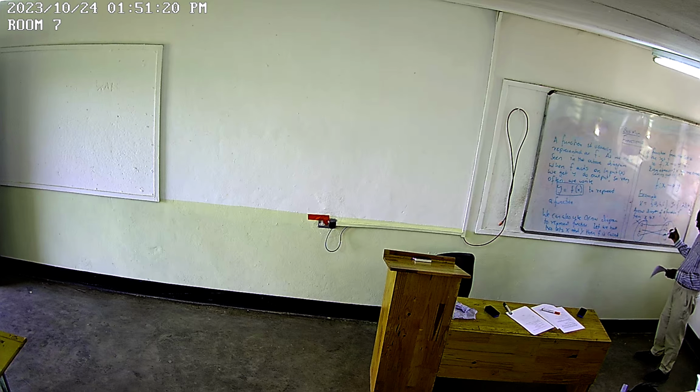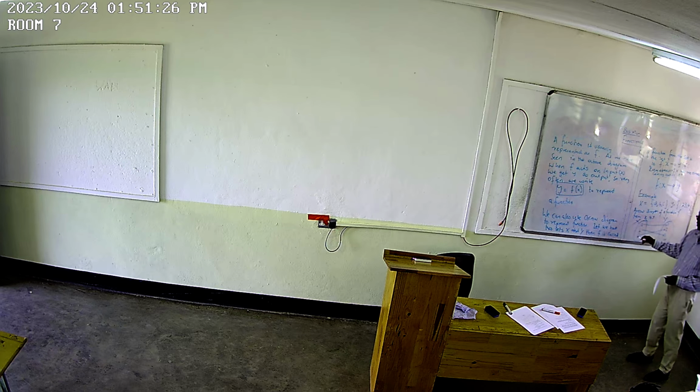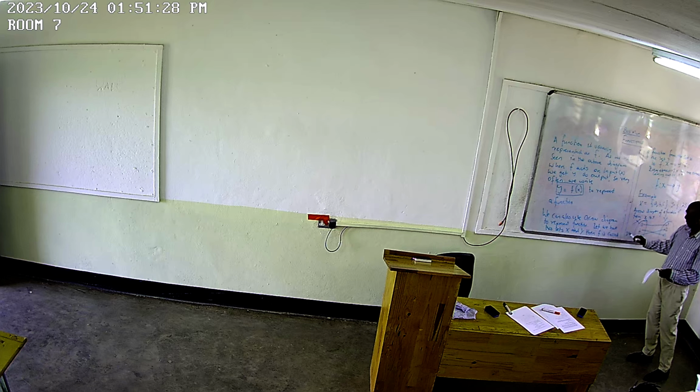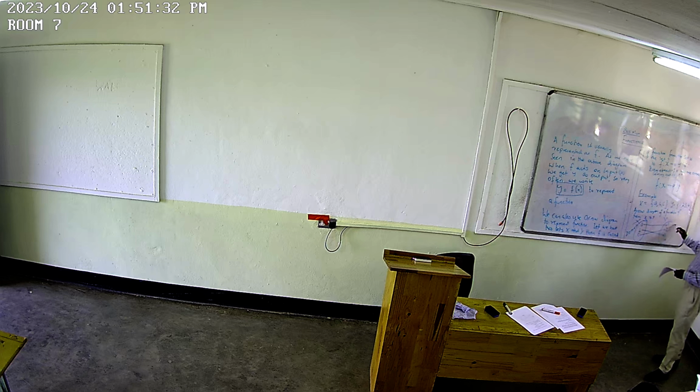So in fact, if you look at this example, this is what is called a domain, and this is what is called a range. This is a domain, and that is a range.